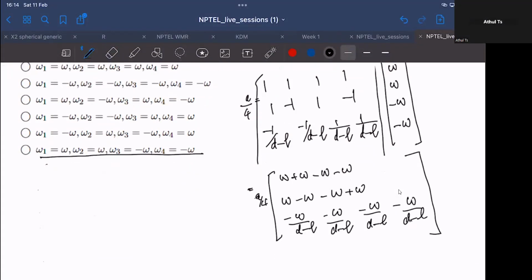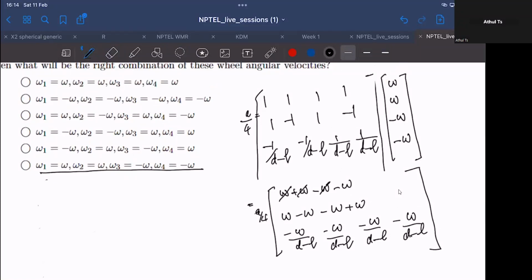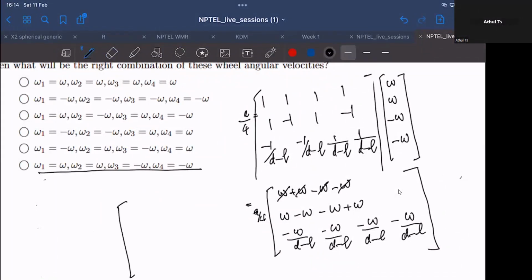So the first row cancels out to be 0. The second row also cancels out to be 0. And in the third row we'll get minus 4 omega times D minus L. So in this regard, if L is greater than D, this term would be positive.